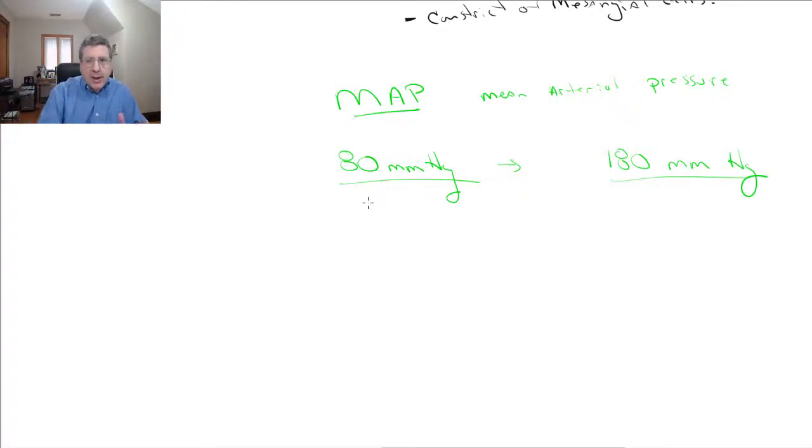At 80 is your minimum amount of pressure in the afferent arteriole that will cause it to respond.